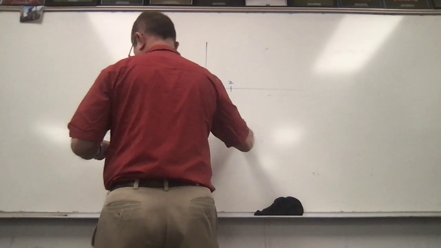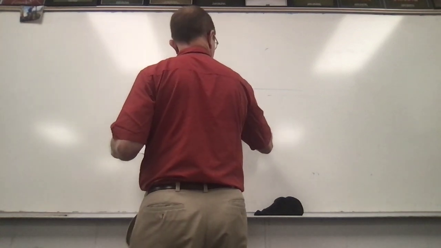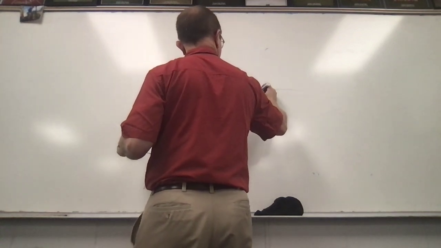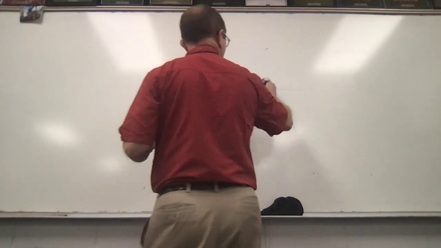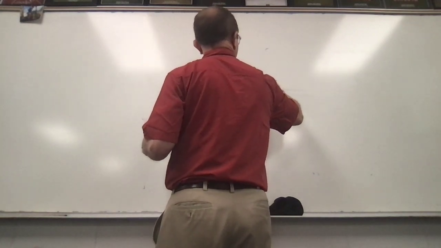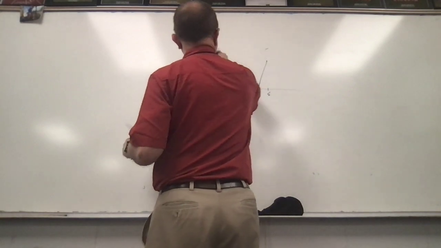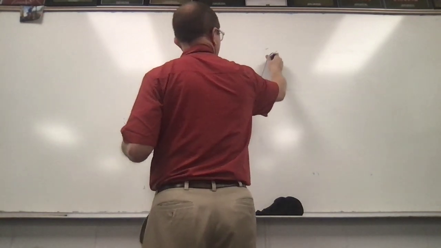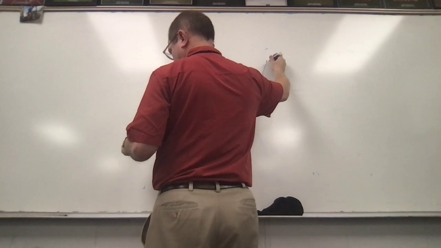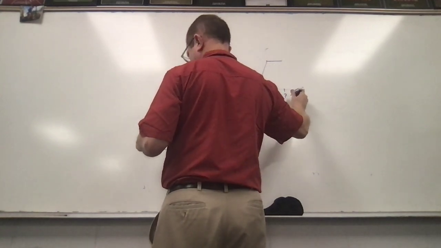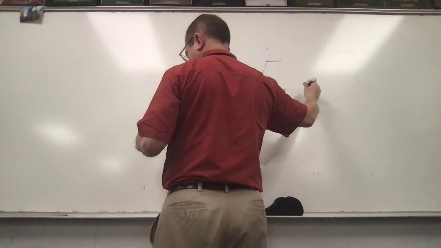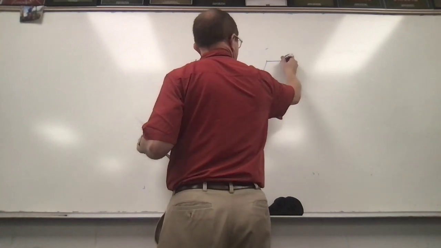And then we come up to 4, 0. And then we go up to 5, 4. And then we go across to 7, 4. Then we go down to 8, 0.